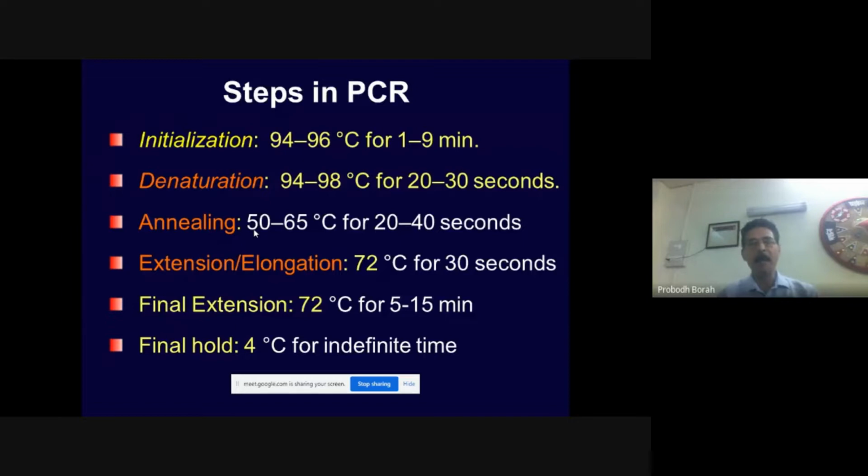So primer properties mostly influence the successful annealing procedure. So we need to know what are the ideal properties of the primers that influence the annealing process. That is what we are going to discuss today theoretically.